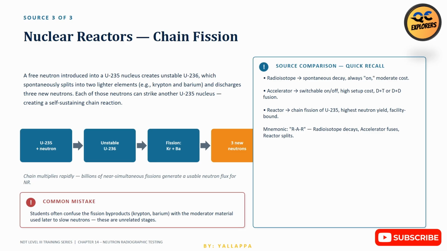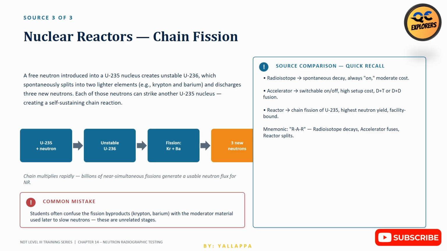Almost immediately, it splits into two smaller nuclei, called fission fragments. Common examples include krypton and barium, although many other combinations are possible. This splitting process releases an enormous amount of energy. More importantly, for neutron radiography, it also releases 3 additional neutrons.